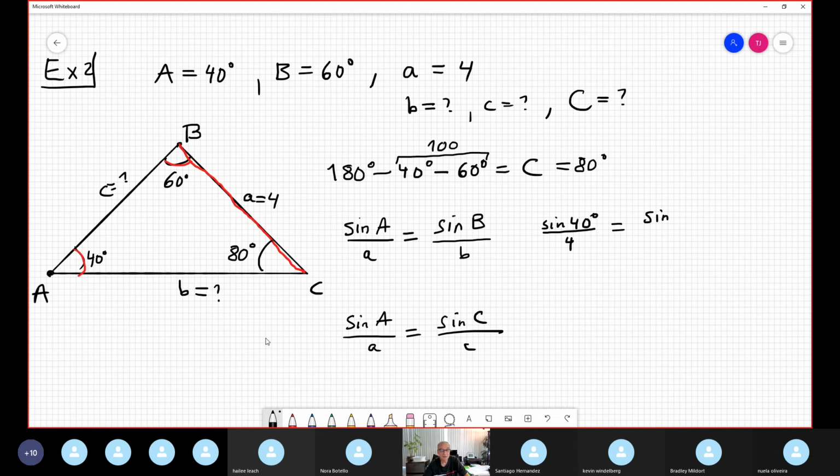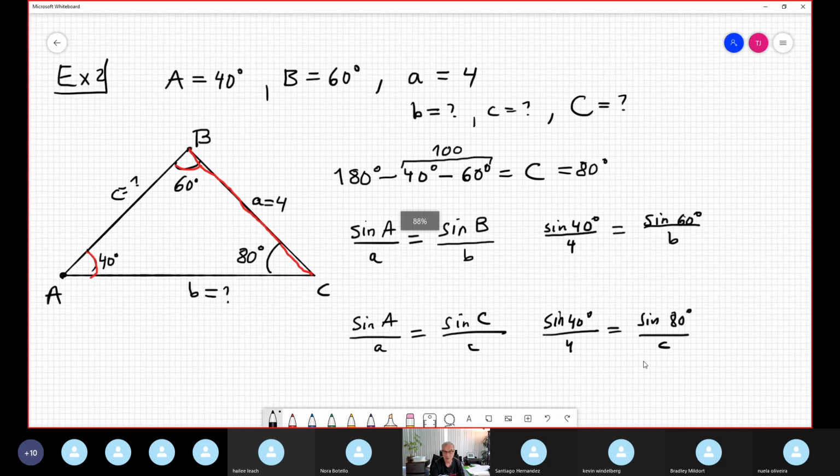Sine B is 60 divided by b. I have no idea, b, so it's my unknown. Likewise, sine 40 divided by 4, sine 80, okay, C divided by c. I have no idea. And you apply now a special cross multiply.